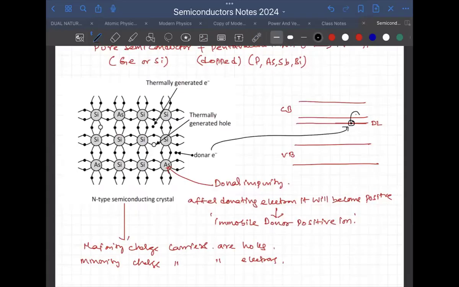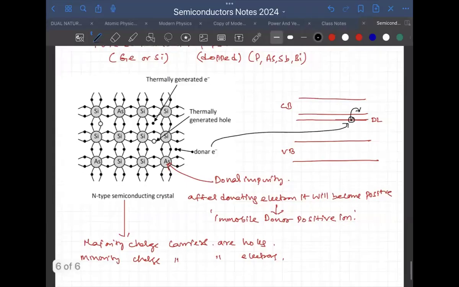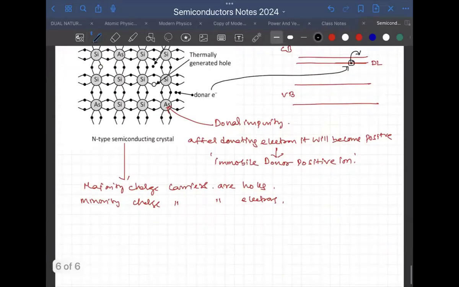For a very small energy, this will jump into the conduction band. Remember, in the process of jumping, it is not creating any hole in the valence band. At a given temperature, previously the number of holes in the valence band was the same as the number of electrons in the conduction band. But now in N-type semiconductor, the number of holes is less than the number of electrons in the conduction band. That is the difference. Now, mobility is changed. This will affect the conductivity. Right? Now, please try to understand, this is an N-type semiconductor.